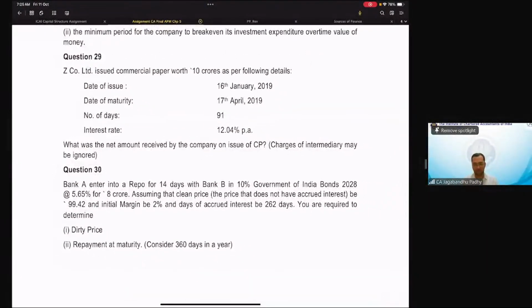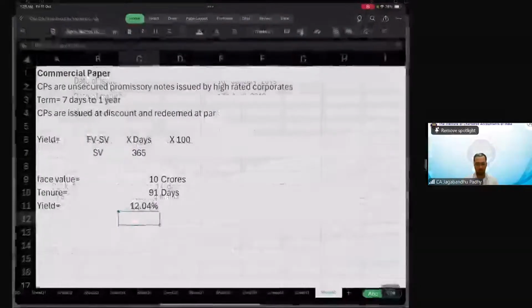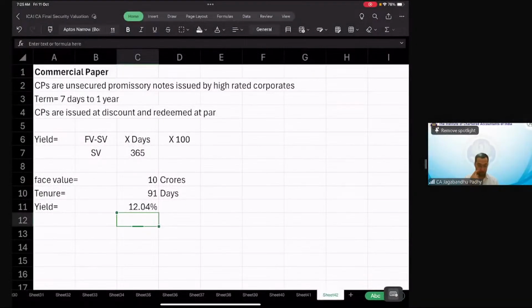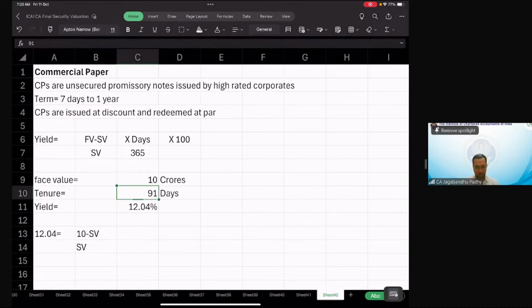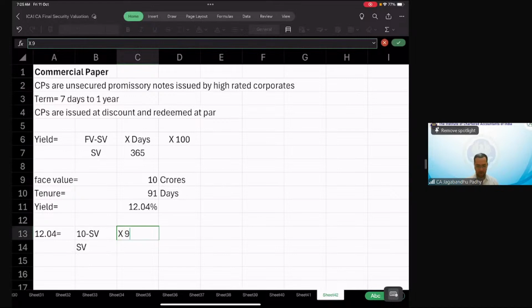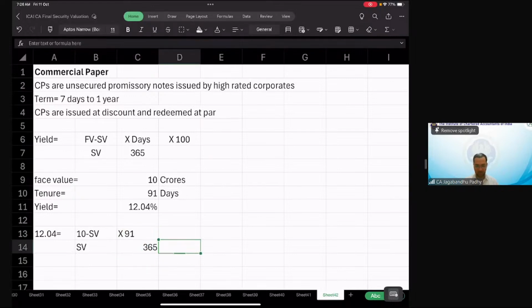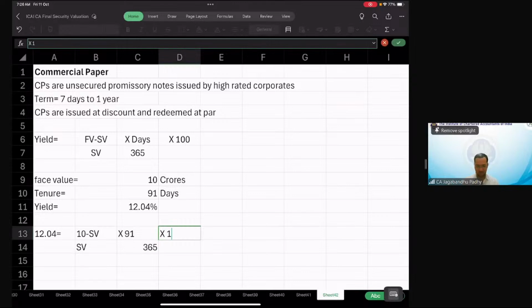The net amount received by the company on issue of commercial paper is to be computed. So we'll simply apply this formula: 12.04 is equal to face value 10 minus the sale value, upon sale value, multiplied by 91 by 365, and then further multiplied by 100.